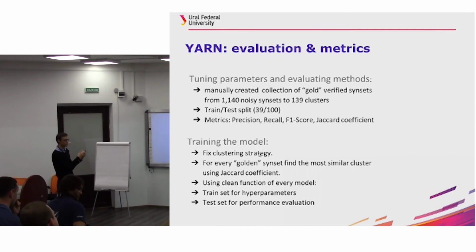Then, for every golden synset, we find the most similar cluster, and after this, apply the cleaning property of the model to this most similar cluster, and compare the resulting output with the golden standard. Yeah, so this golden standard is explained. Thank you.